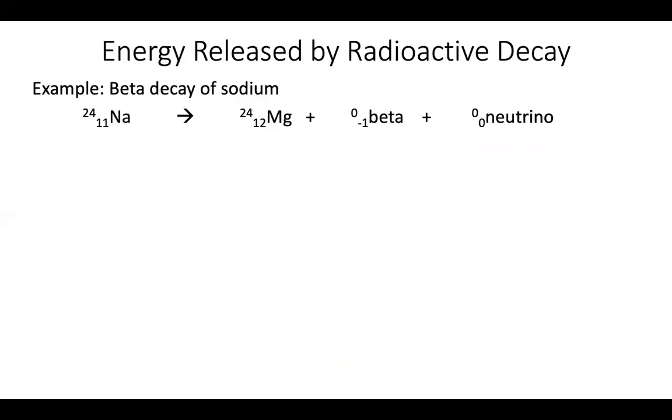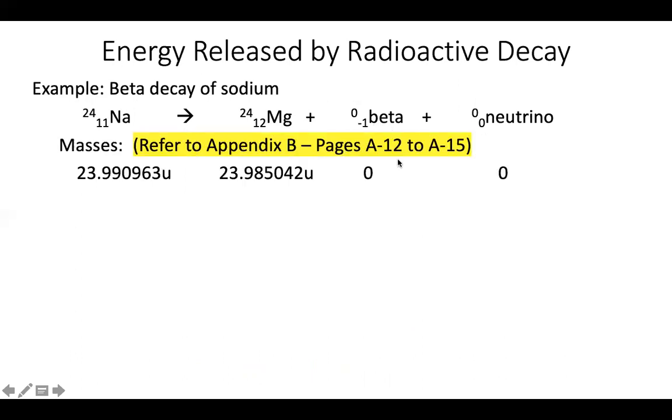The energy released is the exact same process. We're going to compare the mass of the initial mother nucleus, as it's sometimes called, to the daughter nucleus and the decay particles. So we look on that appendix again, and we find the sodium 24 mass, and we find the magnesium 24 mass.